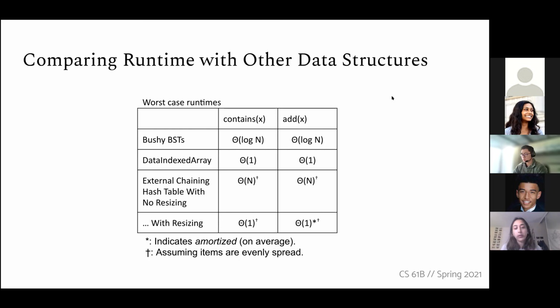Those are all worse than having a hash table that's externally chained and has resizing. And so that's why it's super important to be able to resize and to distribute your keys evenly across the buckets, because we really get that constant time speed that we're looking for. And I would note that it includes amortized. Amortized means on average. You can't say that it's true for every single instance. And we're assuming that the items are evenly spread across the buckets. That's where the hash function comes into play.